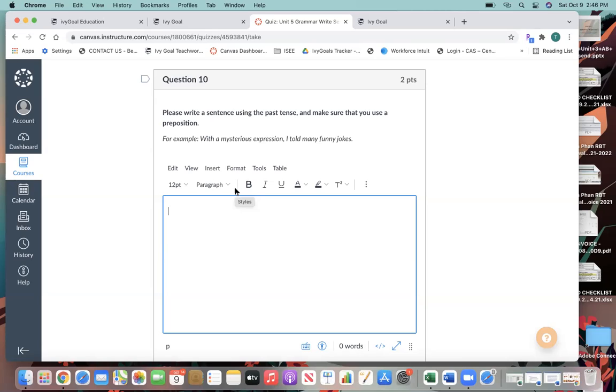So a preposition can describe where something is happening. So it can be above, right? Like this jar, this rock can go inside, beside, above, below. So those are all prepositions.